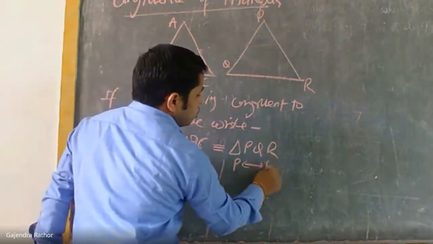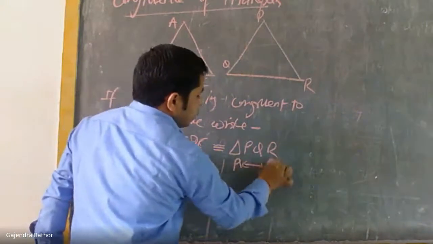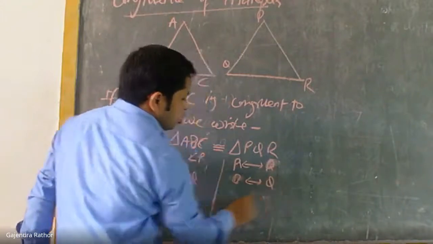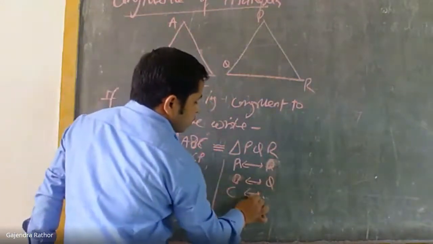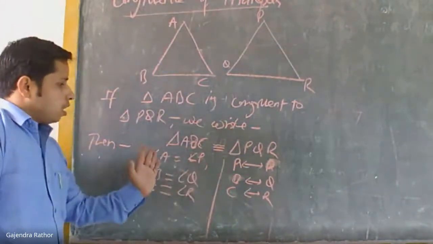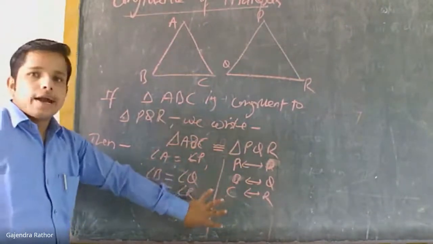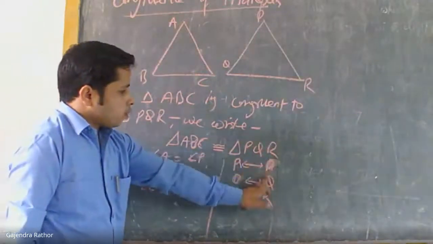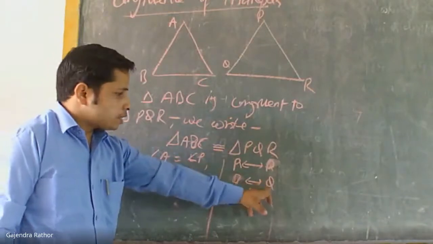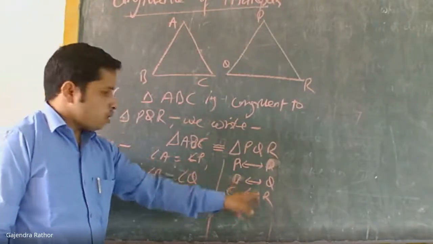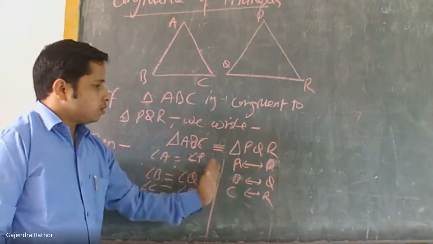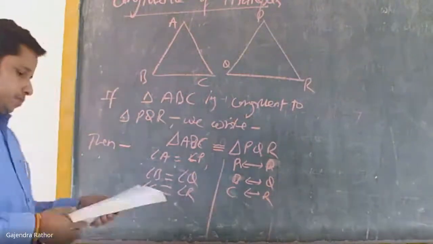A corresponds to P. Next, B corresponds to Q. Next, C corresponds to R. If we superpose in the correct order, then vertex P comes to vertex A, vertex Q comes to vertex B, and vertex R comes to vertex C. So they will cover each other.